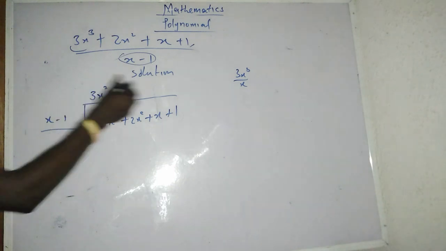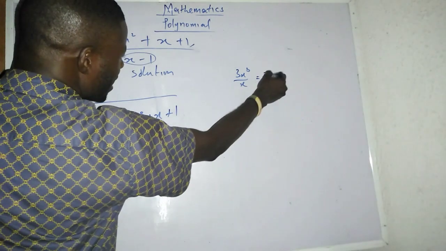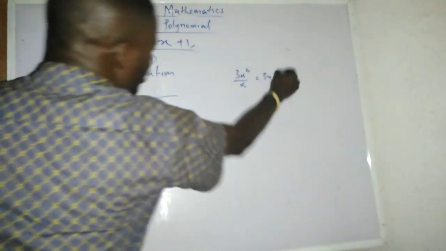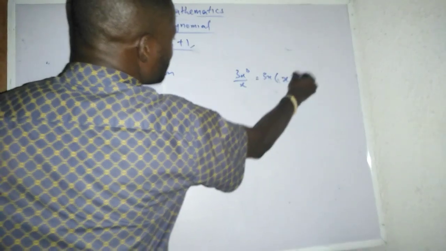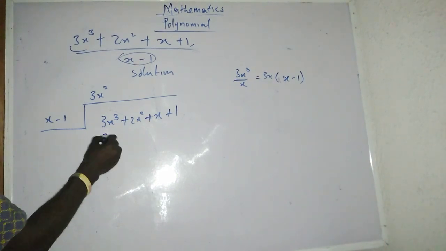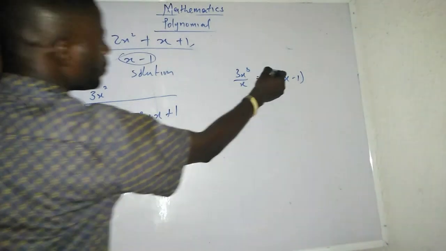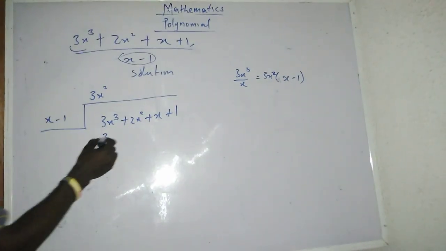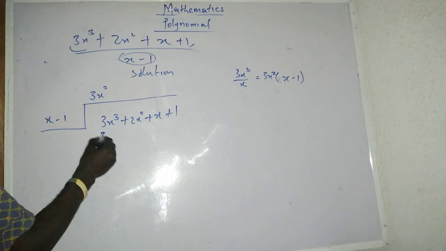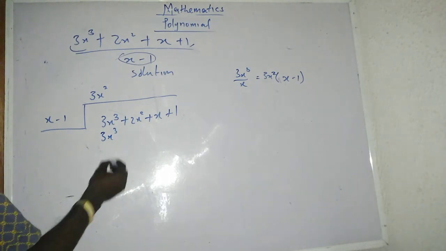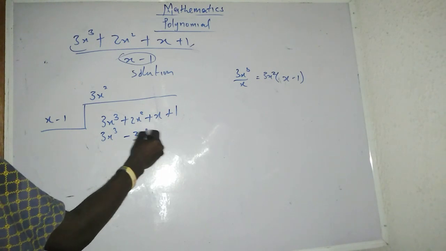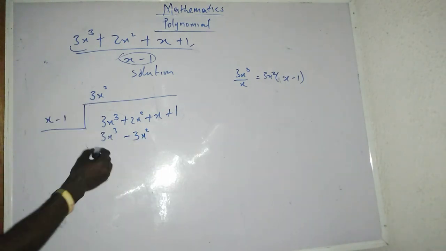The first thing I will do, 3x cubed divided by x, which I will have 3x squared. That's my 3x squared. What I get here, I will now use it to multiply everything that is here, which is x minus 1, which I will have 3x cubed minus 3x squared.